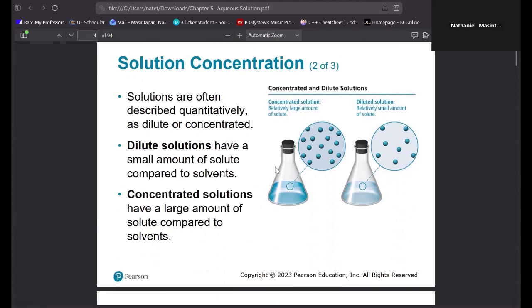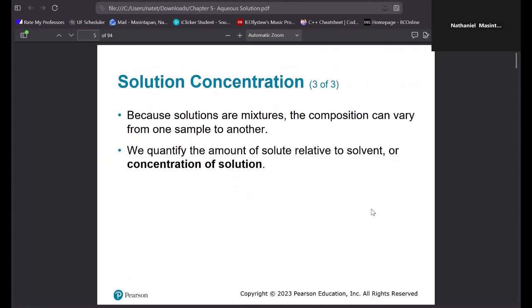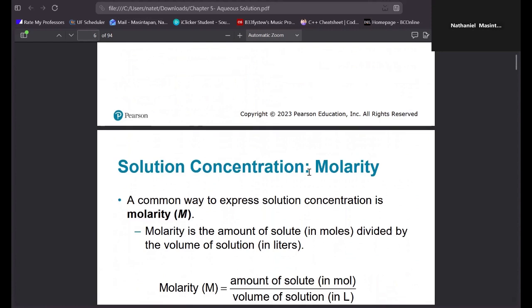There are certain types of concentrations which come up in solutions. Dilute solutions have a smaller amount of solute, and concentrated solutions have a larger amount of solute. Since they are mixtures, the composition of these solutions can vary, and we quantify this with the amount of solute relative to solvent.